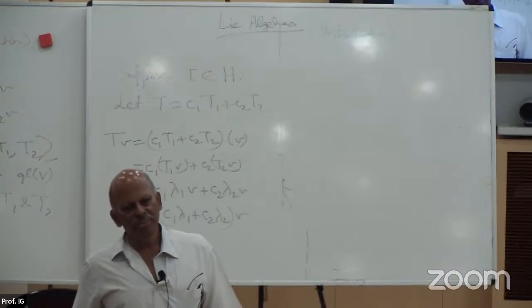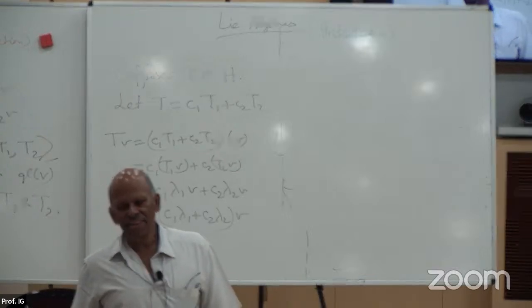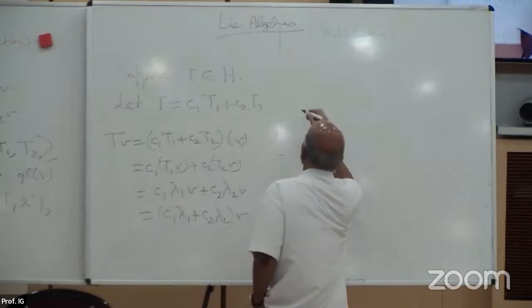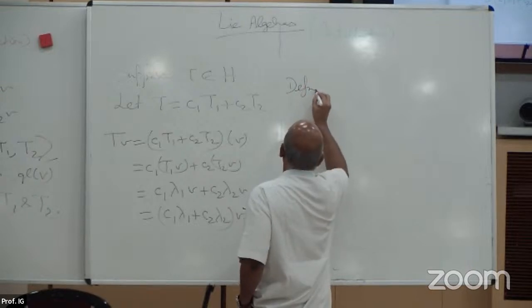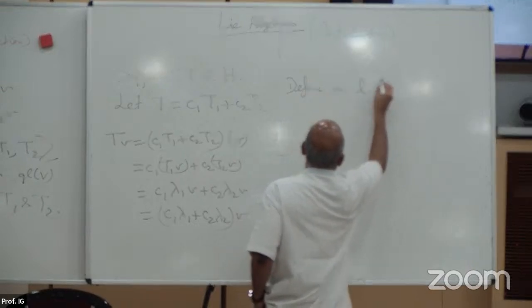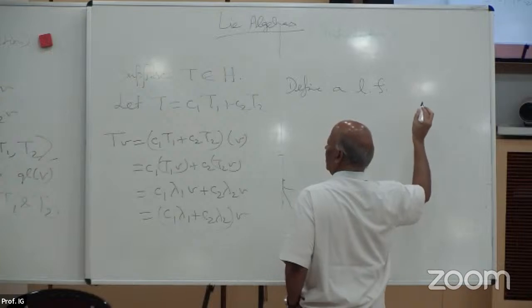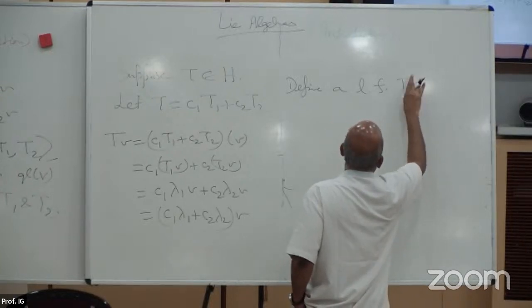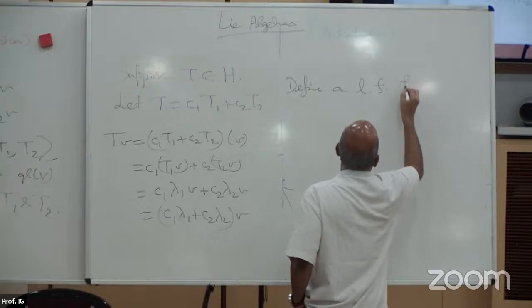So this is precisely what is called a linear functional. We are getting a linear functional here. What should I call it? Maybe I will just call it F lambda.